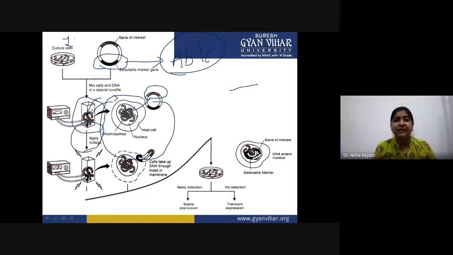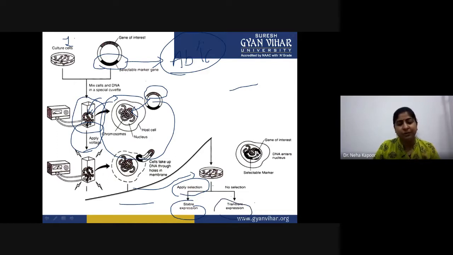In that case, if the DNA has entered inside, only then the host cell would be able to grow on the minimal media. So we can use this selection strategy. After the electric current is complete, you need to apply the selection. Apply the selection, and you will be able to achieve a stable expression. If no selection is done, then transient expression or no expression would be observed.